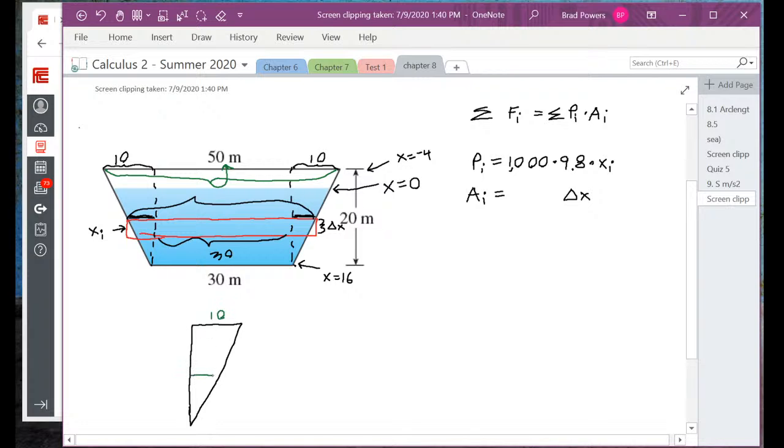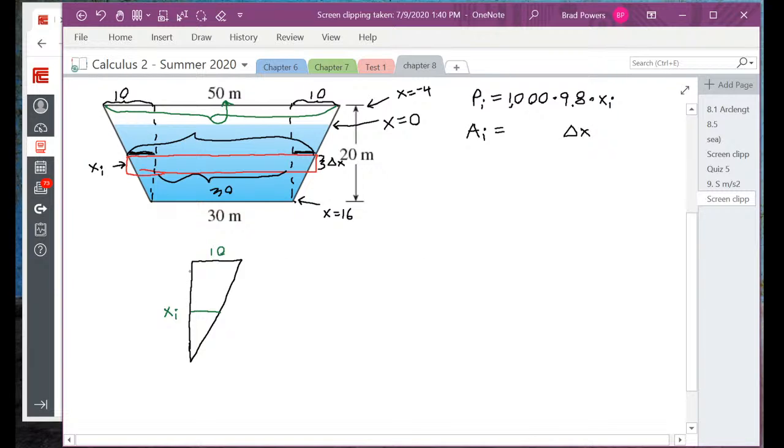And then I got an x value here, x sub I. So let's say if this was 5, well, that's 5 from here. So the actual distance is going to be x sub I plus 4. So if I'm looking at the actual distance from here to here, it's x sub I plus 4.